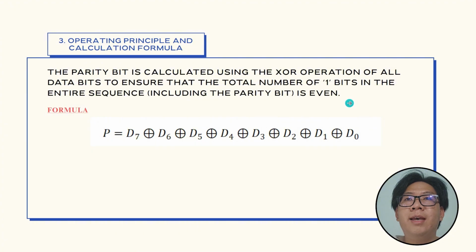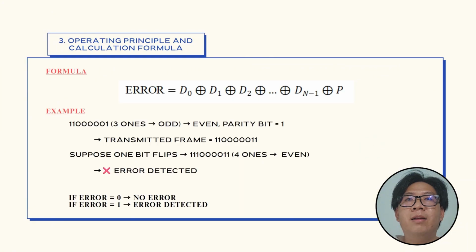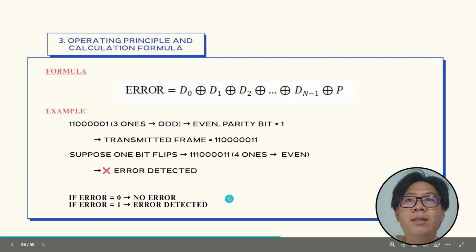For 8-bit data, the formula is shown here: P equals D7 XOR D6 XOR, and so on until D0, where D7 to D0 are the 8 data bits, and P is the parity bit. At the receiver side, the same XOR operation is applied to check for errors. If the final result is 0, that means no error is detected. If it's 1, that means there has been a transmission error.